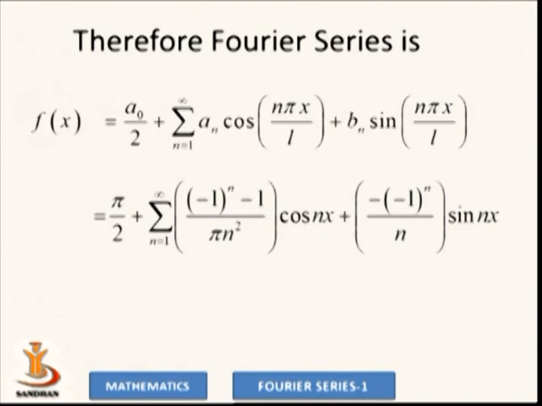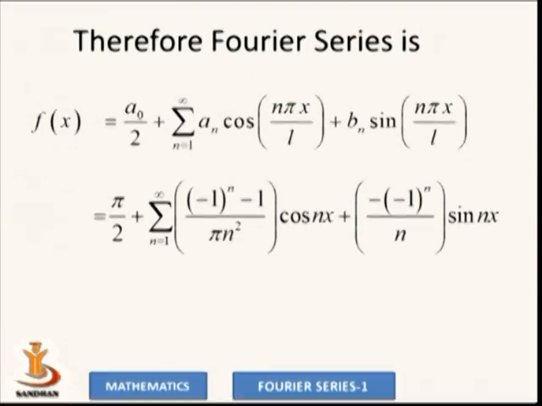If you observe the coefficients of cos nx and sin nx, the coefficient of an is minus 1 raised to n minus 1 upon pi n square, while the coefficient of bn is minus into minus 1 raised to n. This is our Fourier series of a discontinuous function.